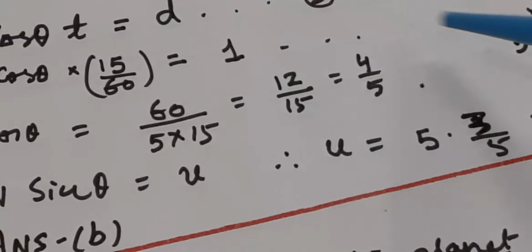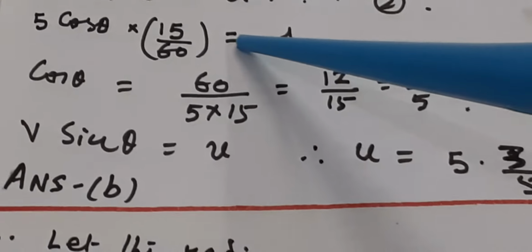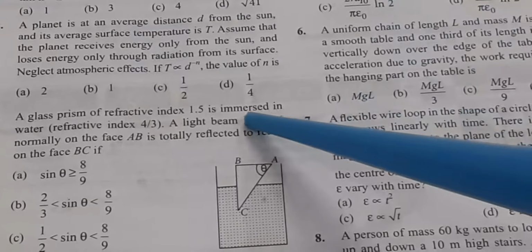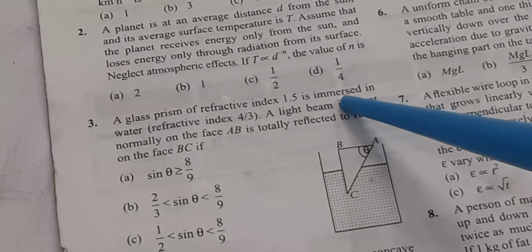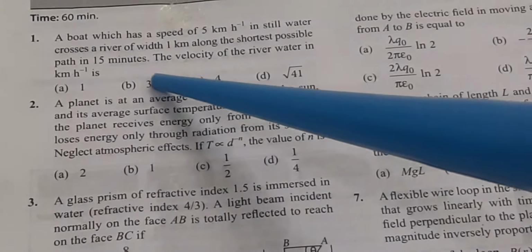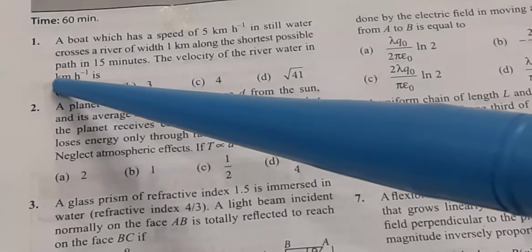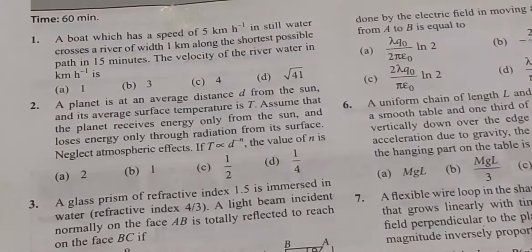That means the velocity of the river current is 3 kilometer per hour. It is given here. You can see in choice number B, it is given in terms of kilometer per hour. Okay.